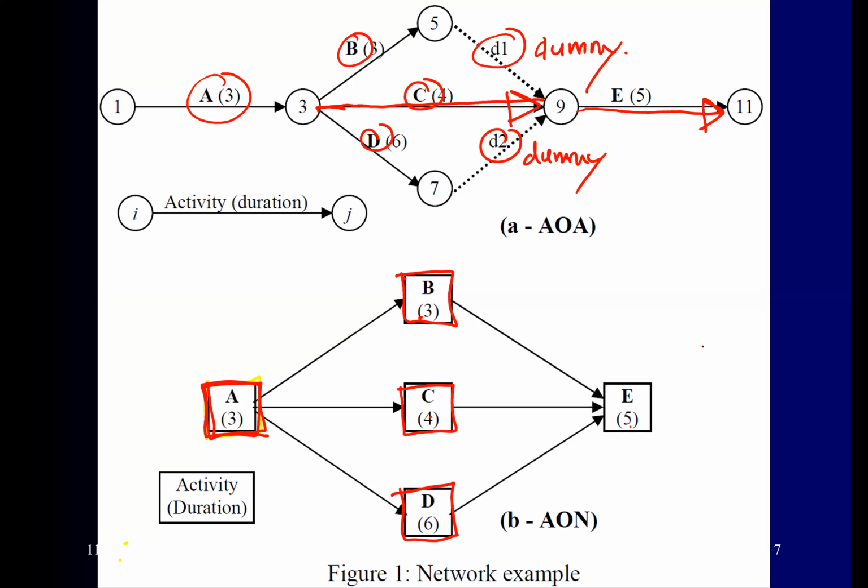That's why PDM, this simple AOA diagram, later developed into the PDM diagram. That's why the PDM diagram is used in MS Project and Primavera. If you learn the PDM diagram itself, it is sufficient because basically everything is there.